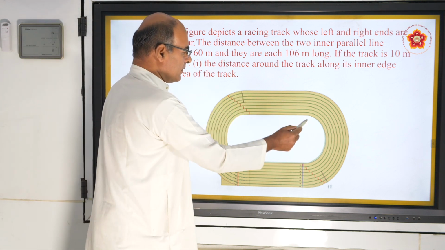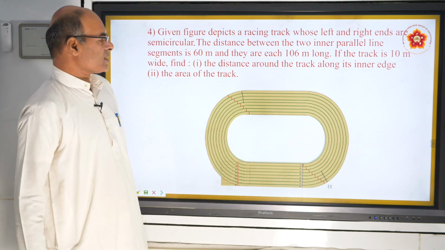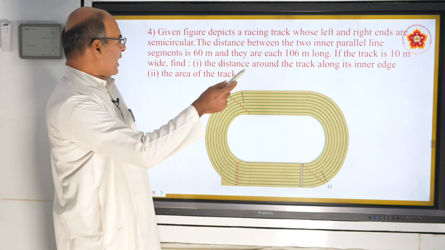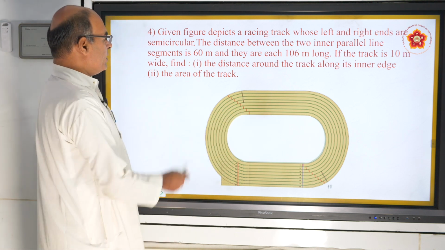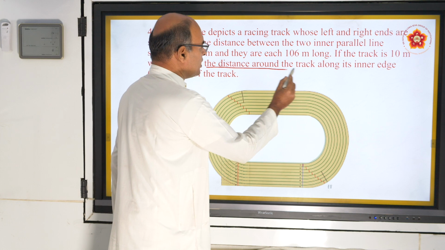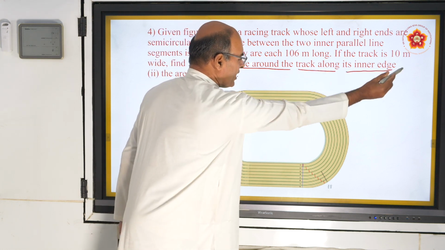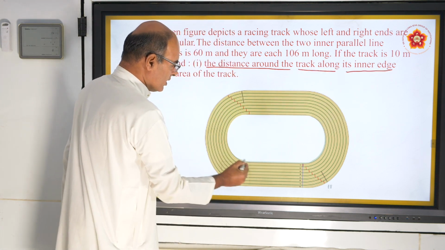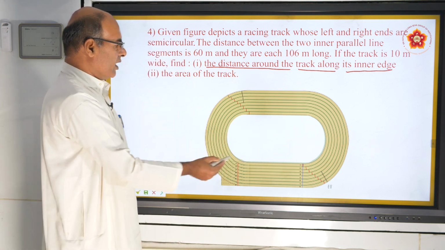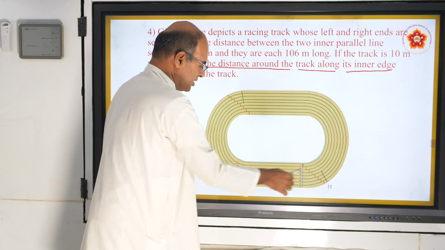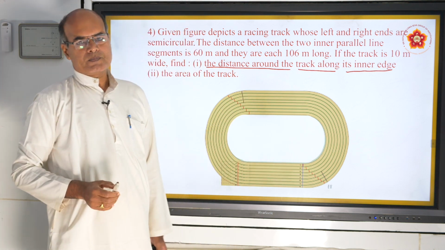If the track is 10 meter wide, find the distance around the track along its inner edge. So we have to calculate the length of this inner edge, and also the area of the track.